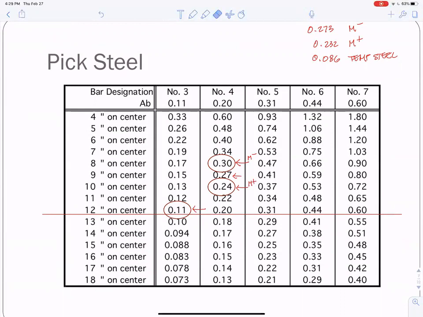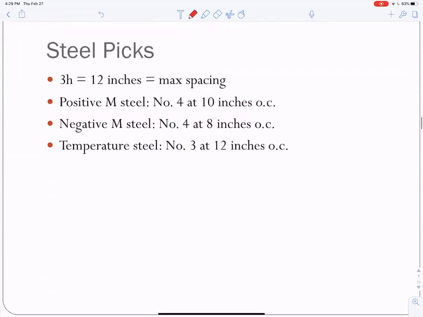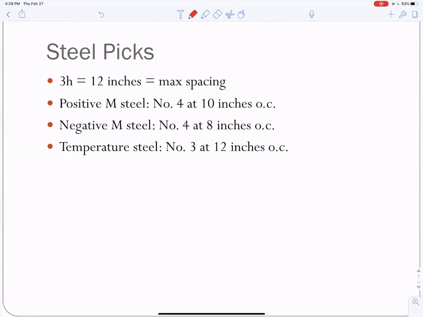I think it'll be clear enough that the steel going across the beams will be number 4s, and the steel in the slab going with the beams will be number 3s. So this will be the temp steel. And the final picks I made were, oh, and then you need to make sure that the spacing is less than 18 inches or 3 of the slab thicknesses.